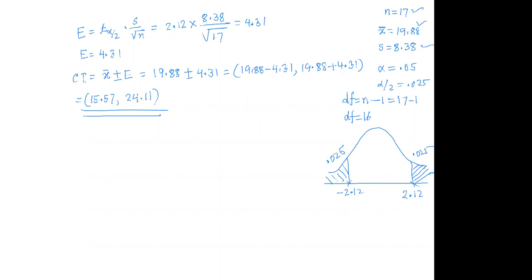Okay, 15.57 to 24.11 hours per week. So that's 95% confidence level, or 0.95, right? See, all these problems are very mechanical, very similar. Once you understand one, you can get the others.